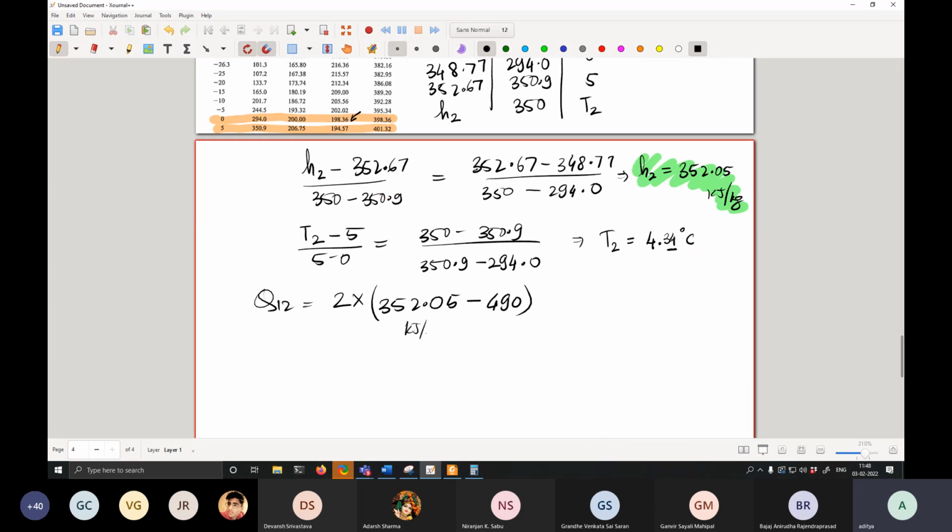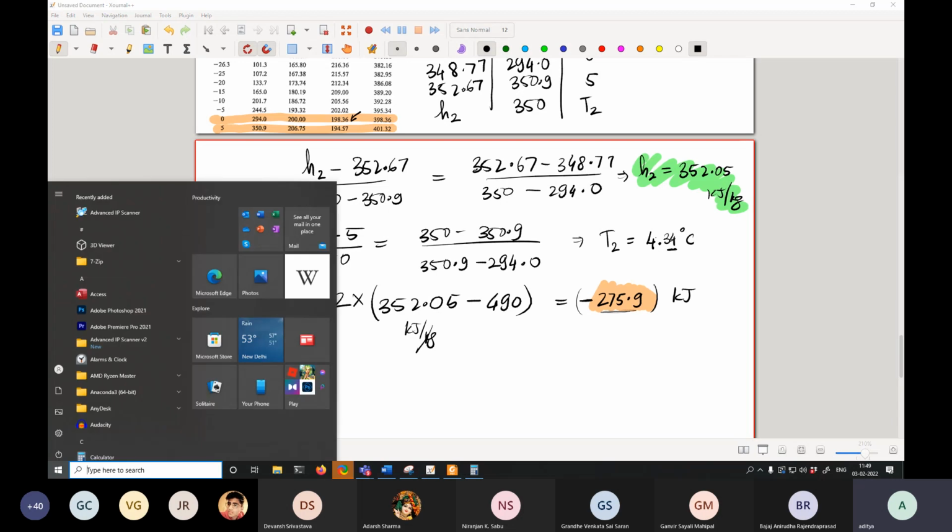The units of this are kilojoule per kg and this unit is kg, so kg cancels. You finally get, what is this answer? These many kilojoules. Minus something. Minus 275.9 kilojoule. Okay, this is how you would do the problem.